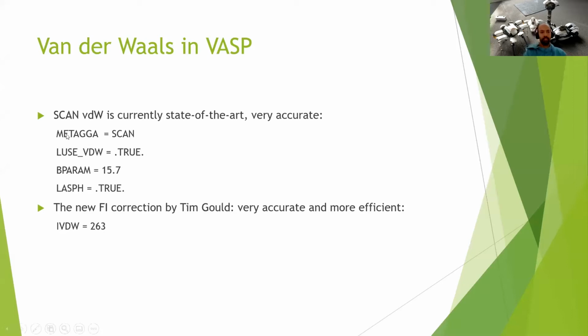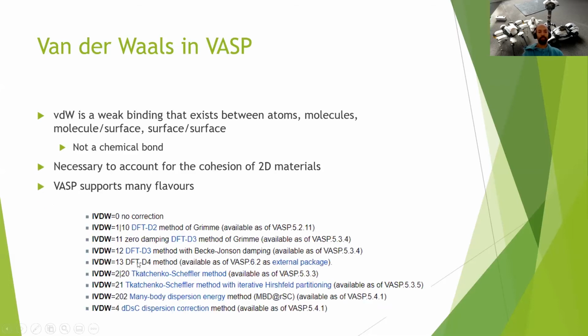These 4 lines here. SCAN is a meta-GGA exchange functional, and then you have to set LUSE_VDW equals true. It sets a very particular van der Waals correction, which is not one of those covered by default.